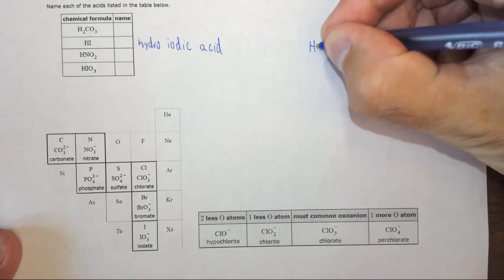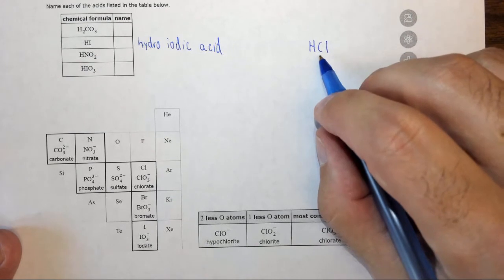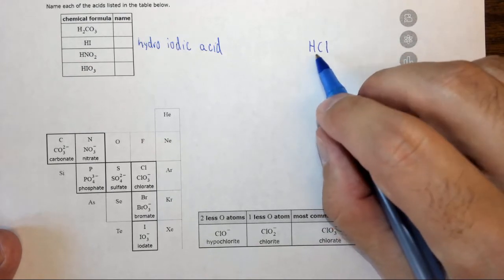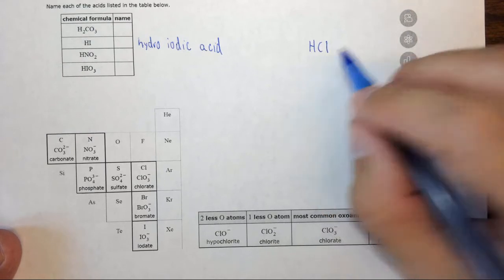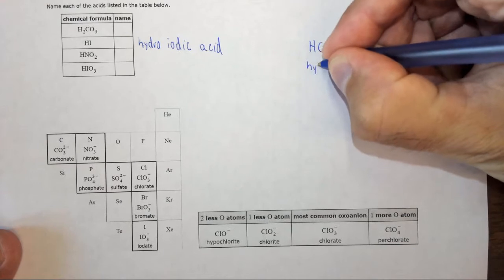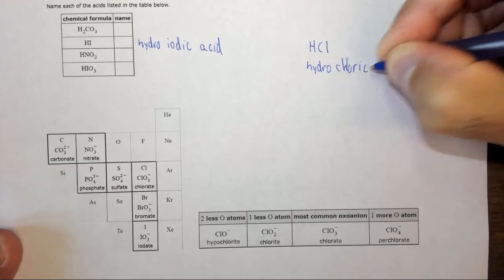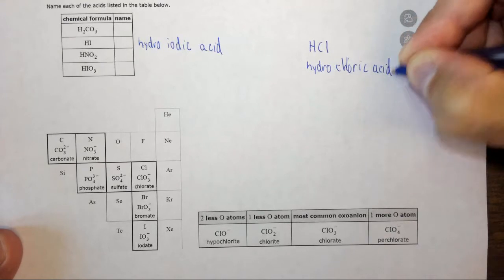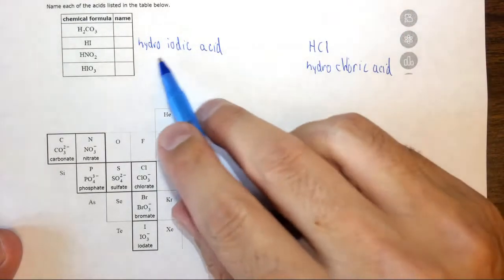If you have HCl, again monoatomic ion chloride, even though these aren't technically ionic compounds because they're covalent, because they contain only nonmetals, they do sometimes behave sort of like ionic compounds. This would be hydrochloric acid. So hydro is for monoatomic ions.